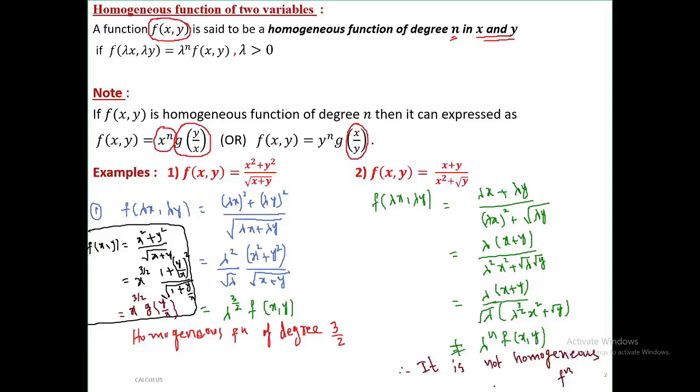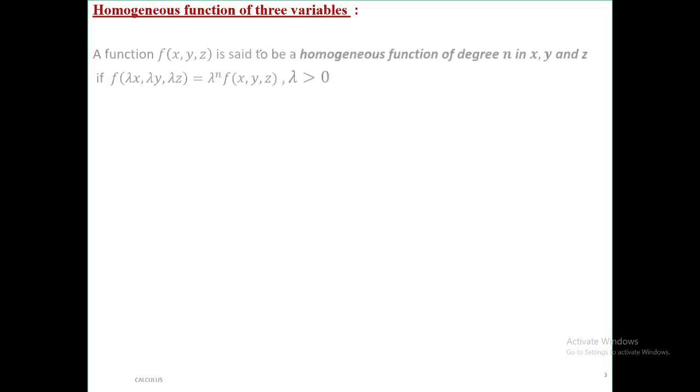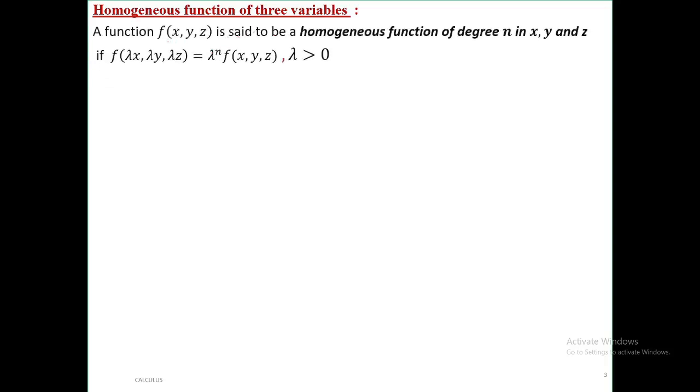Similarly, homogeneous function of three variables now. A function f of x comma y comma z is said to be a homogeneous function of degree n in x, y, z if, same story again, f of lambda x, lambda y, lambda z is lambda power n into the whole function f of x comma y comma z, where again lambda is a positive real number.